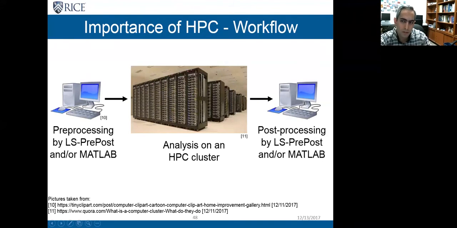The workflow that I usually follow to prepare my models and then analyze and post-process them is shown here. I usually prepare my models on my desktop computer, and then I submit them to a cluster, and then I transfer the results to my desktop computer again for post-processing.